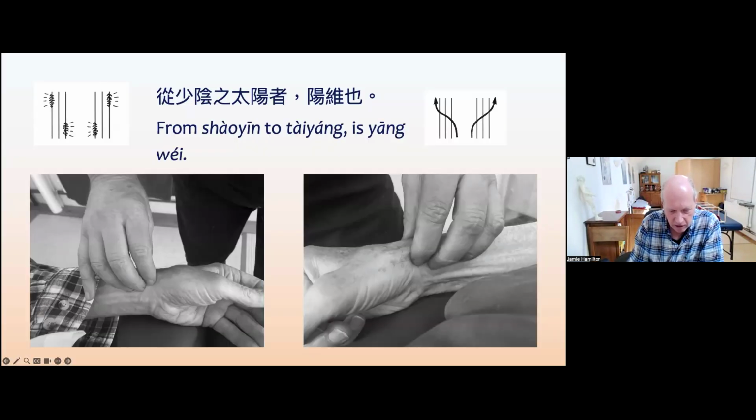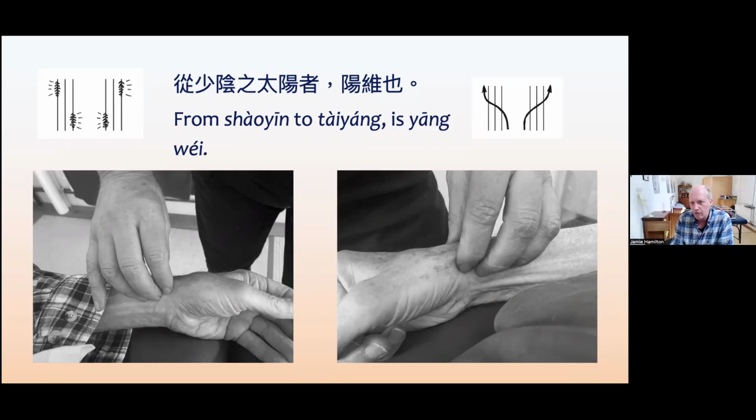So I showed the others this image. Can you see the whole screen? Yes, okay. So this is from Shao Yin to Tai Yang, which is Yang Wei, and this is what the fingers look like. You may only notice it in the first position.